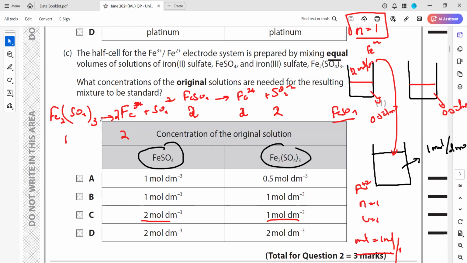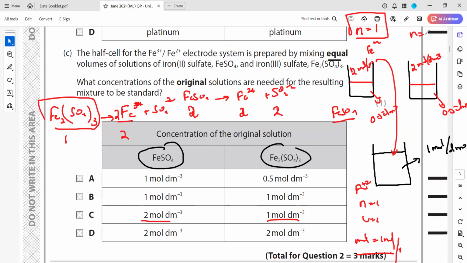It will be twice. Why? Because 1 mole of this compound gives 2 moles of iron 3. The solution concentration is 1 mole per dm cube, but iron 3 ion concentration will be 2 mole per dm cube because one molecule gives 2 iron 3 ions.